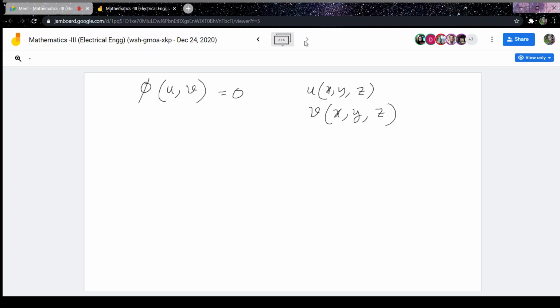So suppose your φ is a function of u and v, and your u and v are functions of x, y, z. So if we differentiate this partially, partially means first time I will differentiate with respect to x, keeping y constant, and next time differentiating with respect to y.